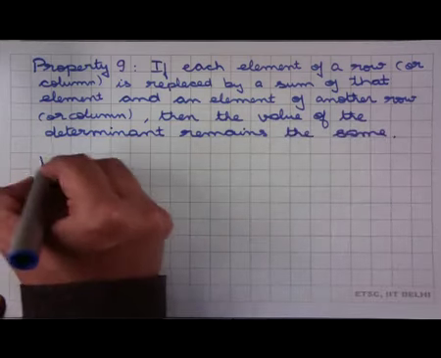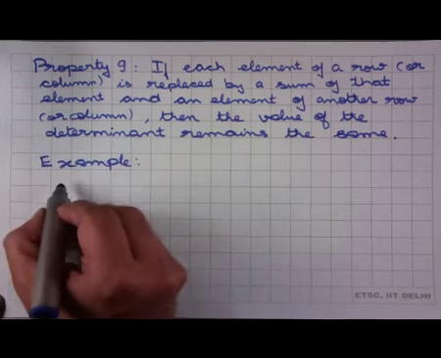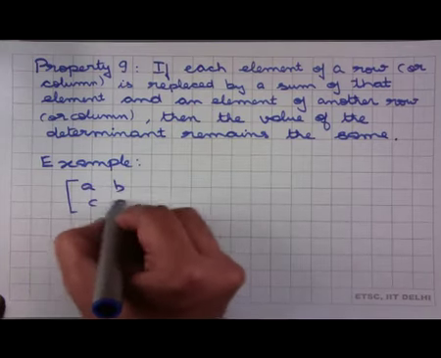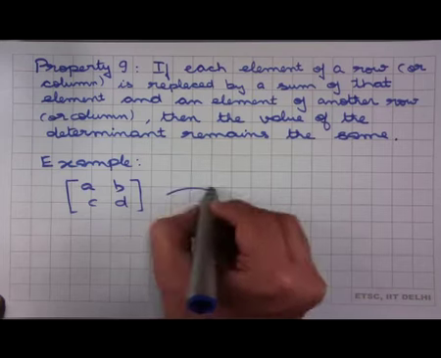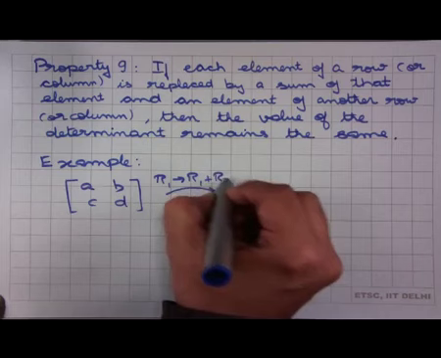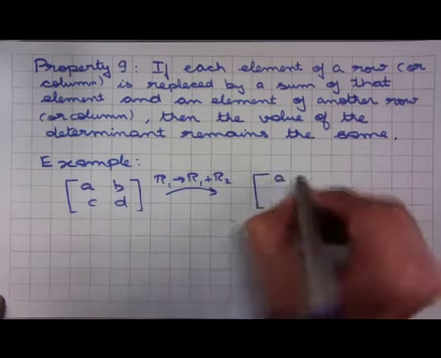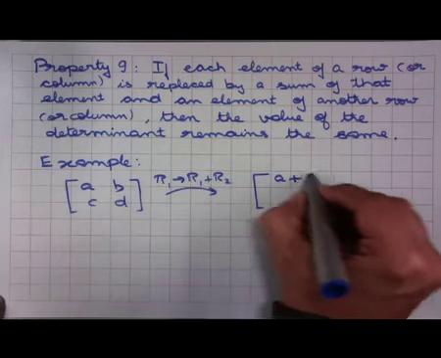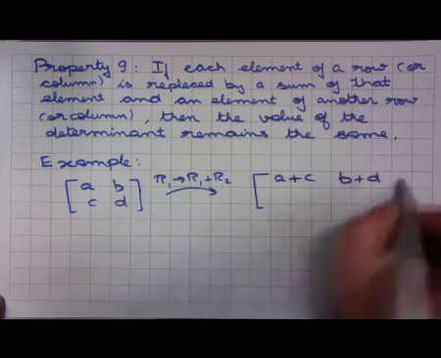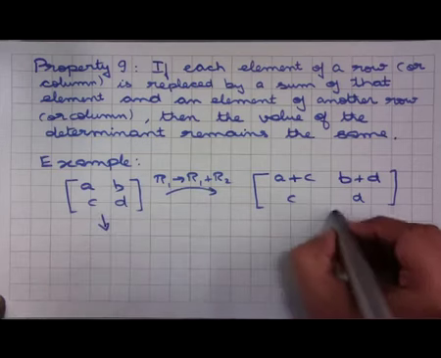So, let us look at a 2 by 2 example to illustrate this. Suppose we have a matrix A, B, C, D, and we replace the first row R1 with R1 plus R2. Then this is going to give a matrix where we are replacing A with A plus C and B with B plus D, and the second row stays C and D. So, what is the determinant of this and what is the determinant of this?